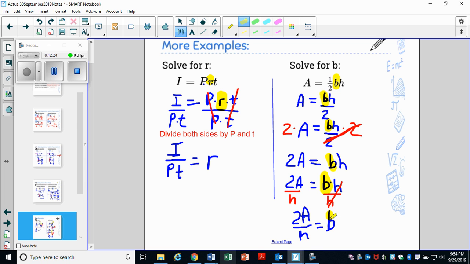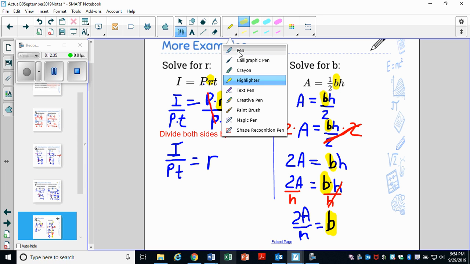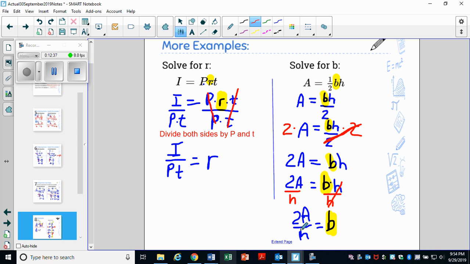And on the other side of the equal sign, we have 2 times A divided by H, but we're going to just leave it as 2 times A all divided by H. I'm going to make my lowercase h look a little more visible. There we go.